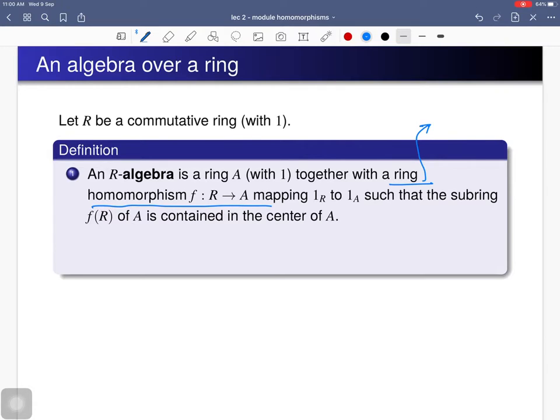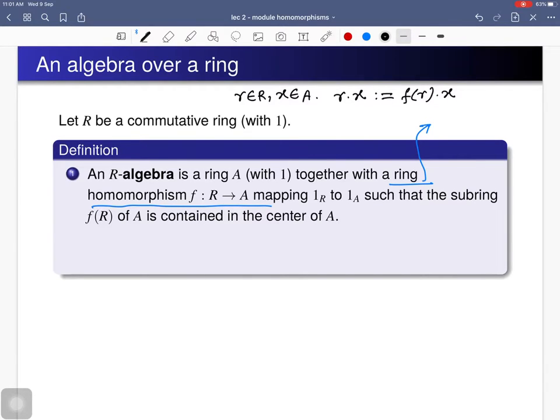Okay, so we can prove this: you pick something from R and something from A, and you want to define scalar multiplication in this way. Via this map f you go to A, so you can consider f of r, which is an element of A, and then you can multiply this by x.